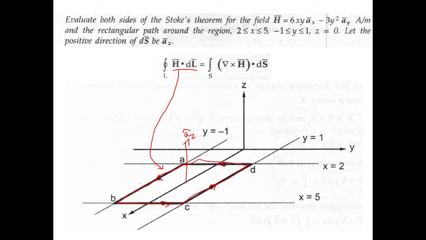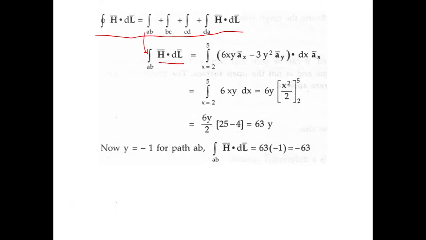For a to b, y remains the same, that is y is equal to minus 1, but x changes from 2 to 5. Now we need to write h vector dot dl vector. H vector will be 6xy ax cap minus 3y square ay cap.